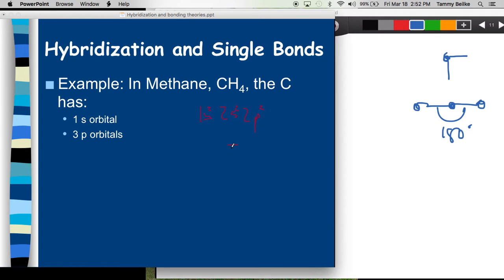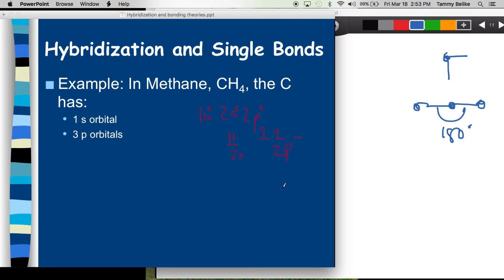So in the orbital diagram, you've got 2 electrons in the s, and then just slightly higher in energy, you have the 2p orbitals, and in this case you've got 1 electron in 2 of those p orbitals.